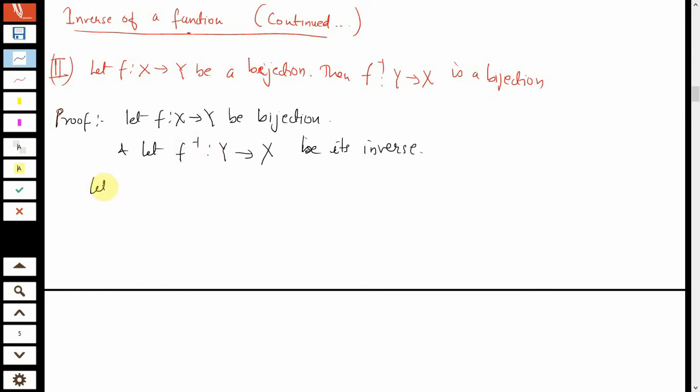So let y1, y2 be 2 points in Y such that f inverse, so in this case the map is f inverse. So we will assume that f inverse of y1 is same as f inverse of y2, and I'll prove that y1 is same as y2. Fine.